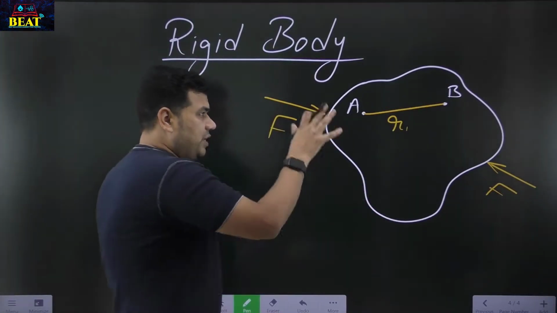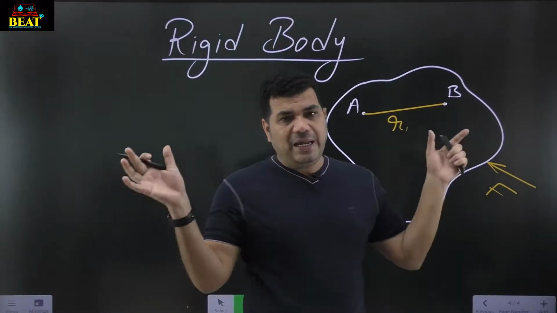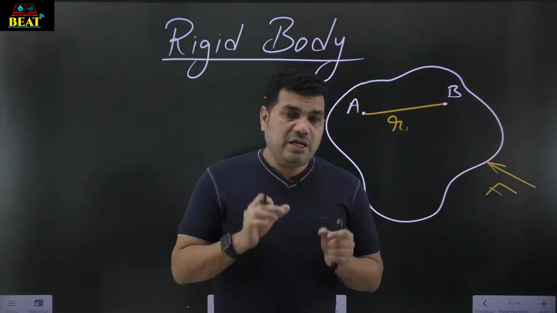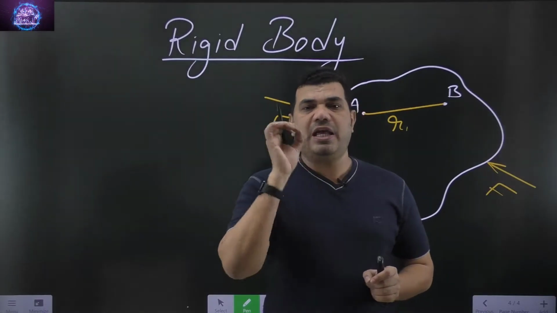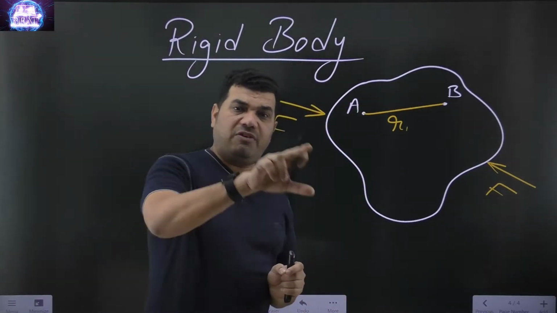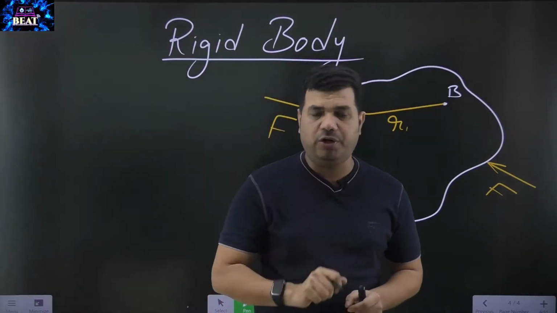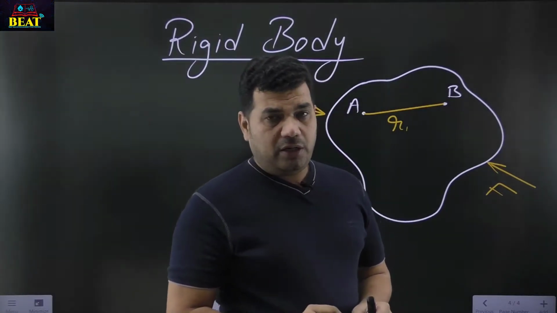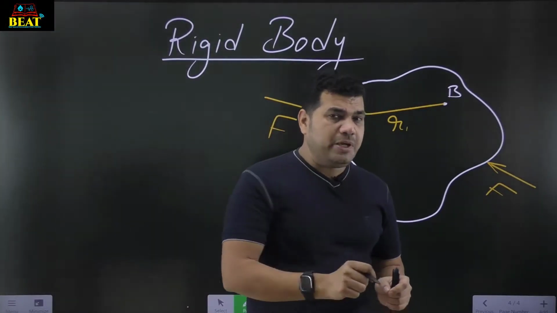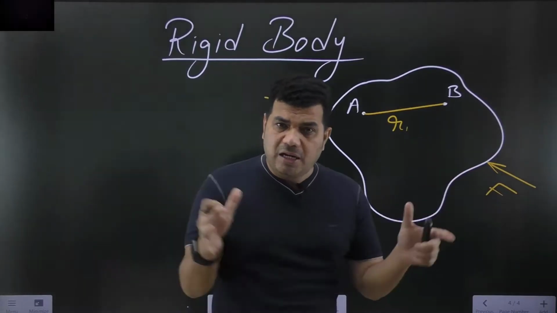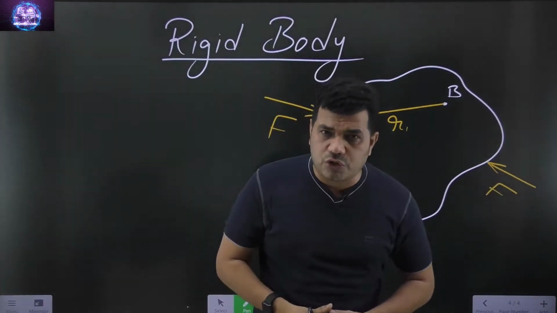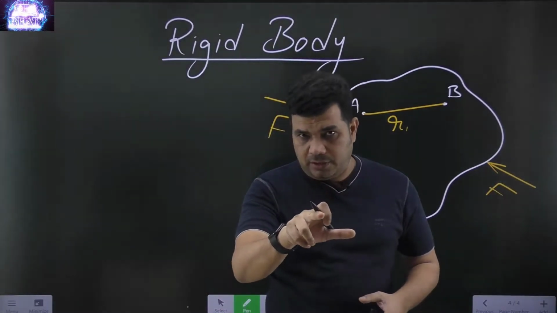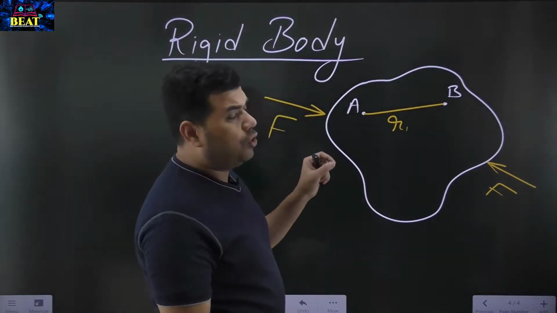But if it is a rigid body, on applying deforming forces, the relative distance between any two points on that body will never ever change. Point to be noted: any body is said to be a rigid body if, on applying deforming forces, this holds.